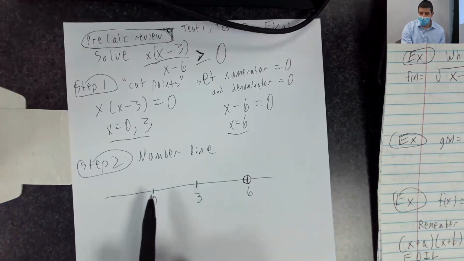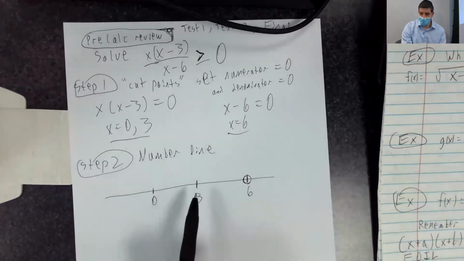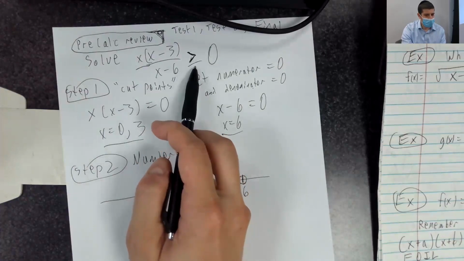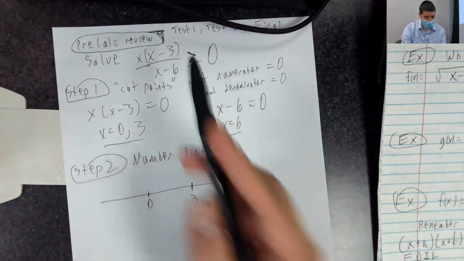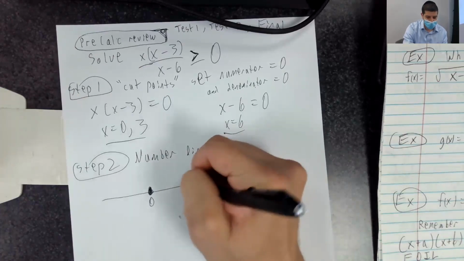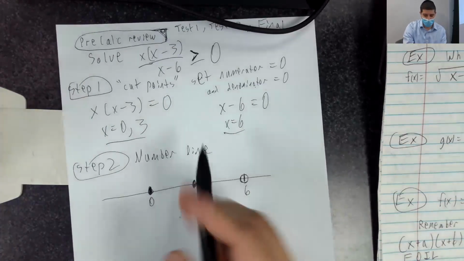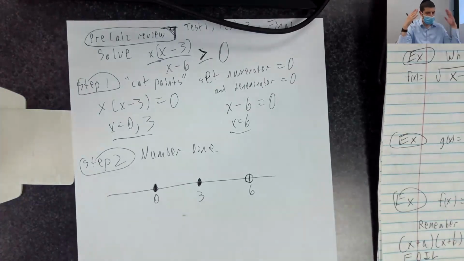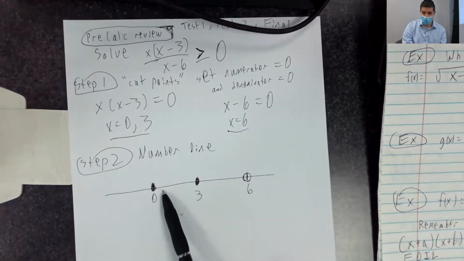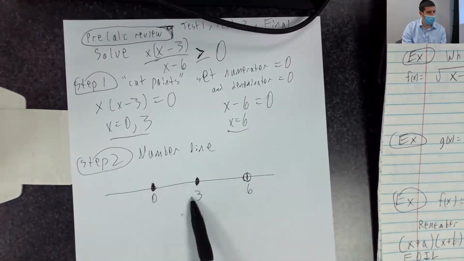And then for the numerator, 0 and 3, because it's greater than or equal to 0, that means equals is included. I'll put a closed circle, because if I plug in 0 and 3 in the numerator, I do get 0. That'll help me remember that 0 and 3 are included. Does anyone see why I'm including 0 and 3 here?